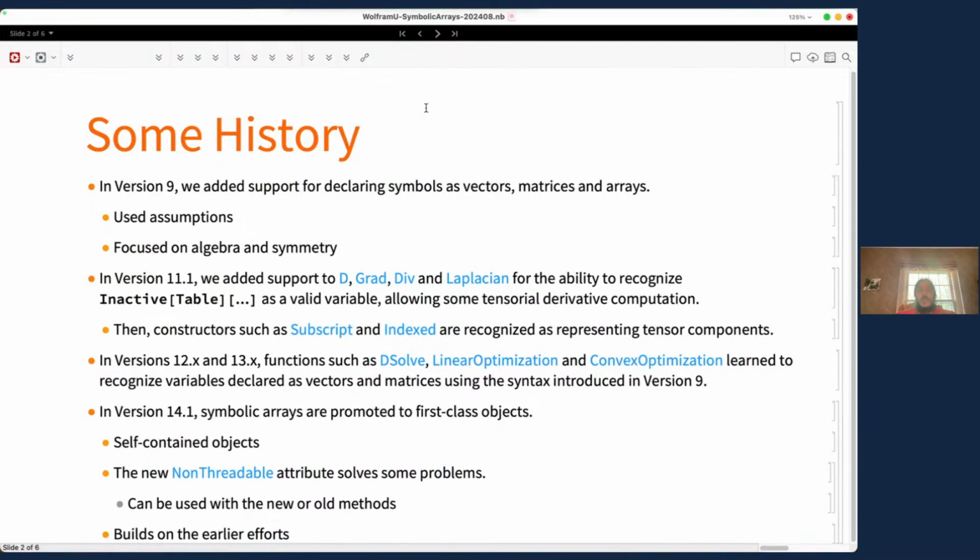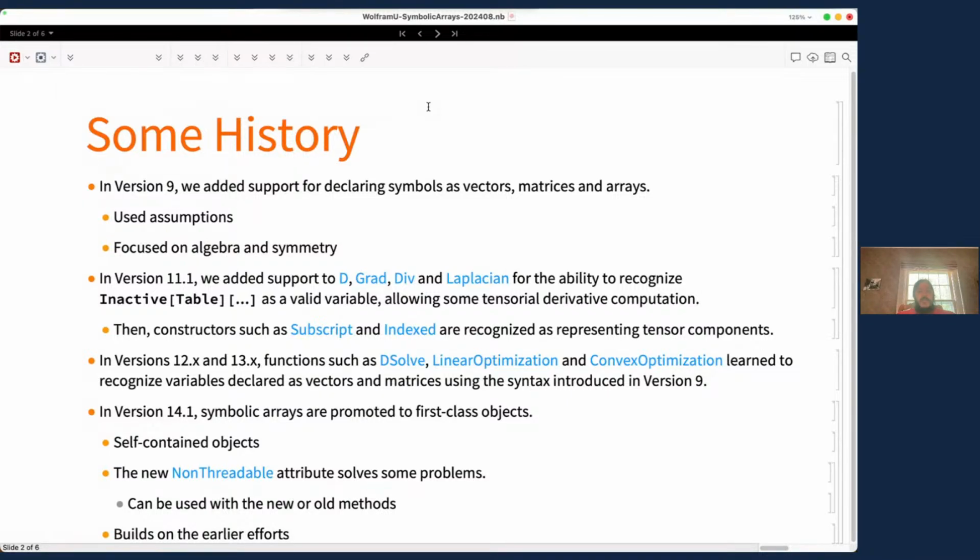So what's new in 14.1? In 14.1, symbolic arrays are promoted to a first-class object. That means they're self-contained. They have the new NonThreadable attribute, which Devendra mentioned, but I'll go into a little bit more detail. And this can be used with new or old methods.